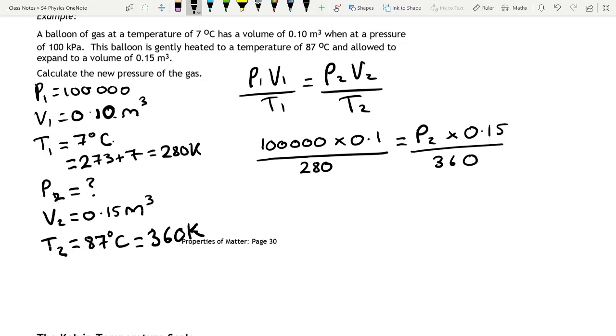Okay, so what I would do is work out that left-hand side first of all. So, yeah, 35.714 is it? Yeah. Probably more. Equals P2 times 0.15 over 360.